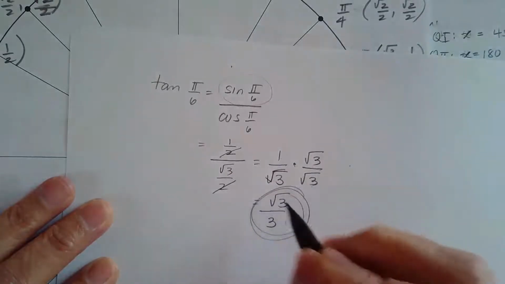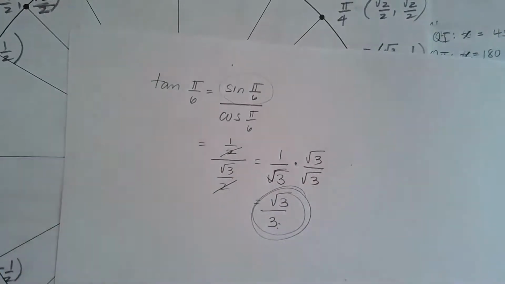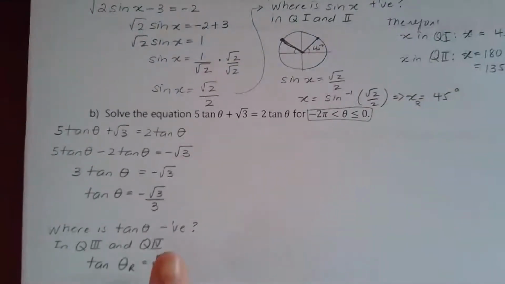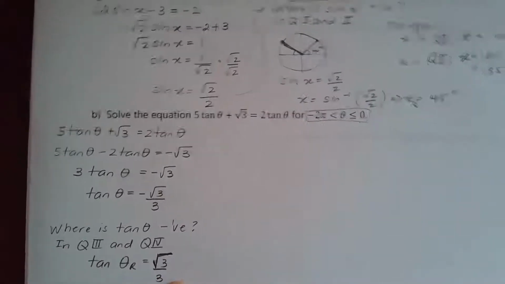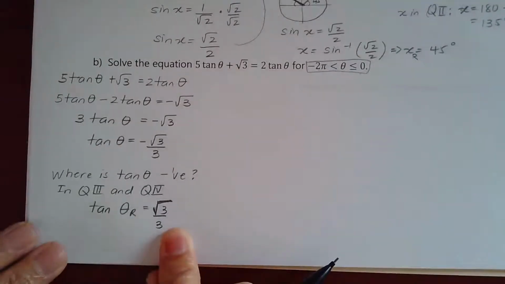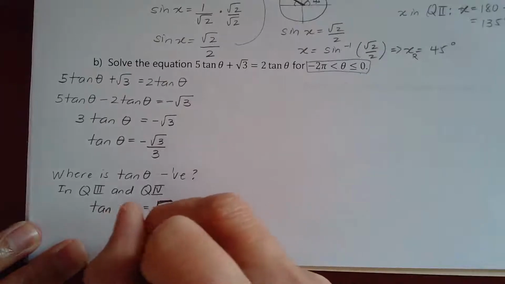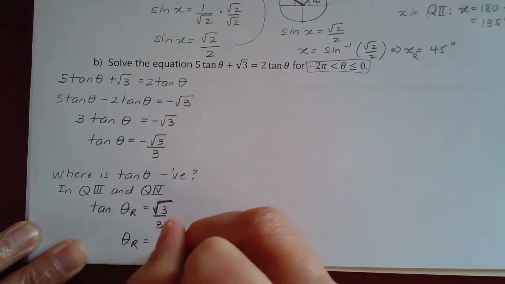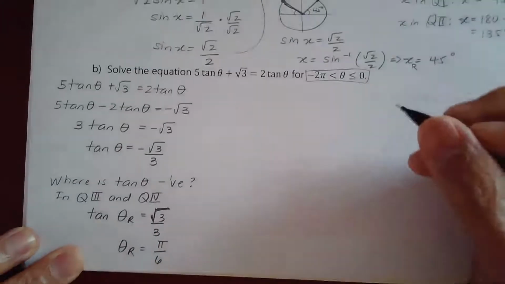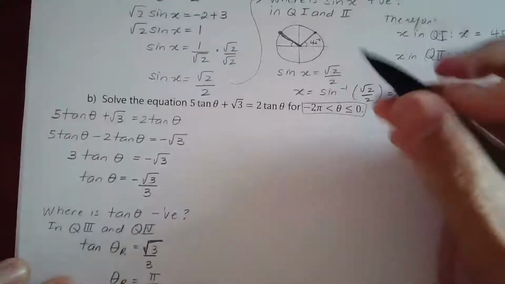So this is what we see in our equation. Okay, so this is a value where the denominator has been rationalized. That means theta r, the reference angle, is pi by 6.